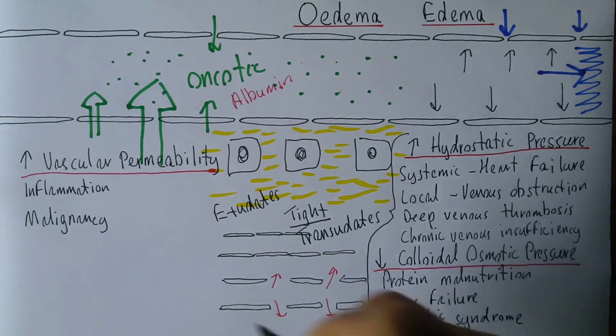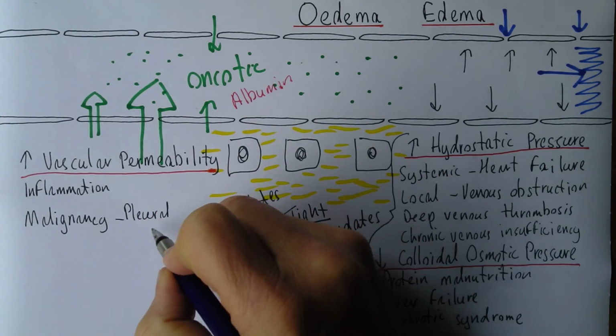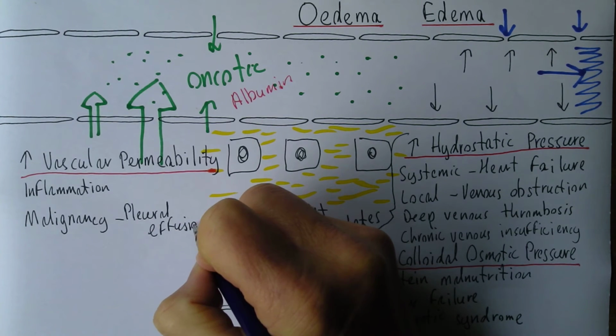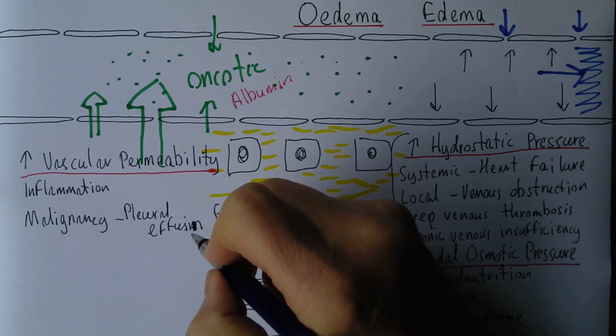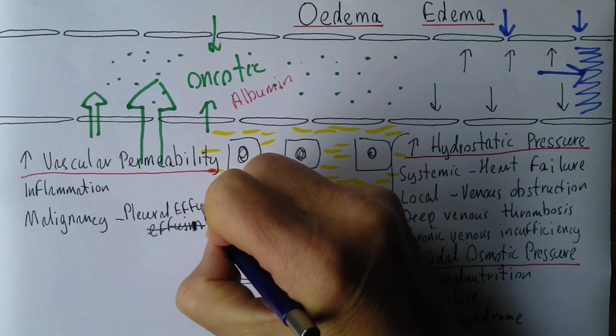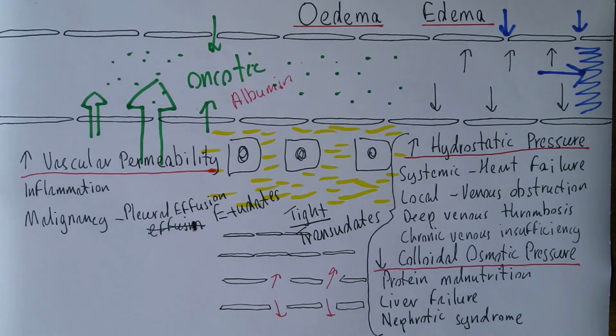So for example, you might get a pleural effusion. Let me write that word again. A pleural effusion, where you get exudate going into the pleural space, causing collapse of the lung.